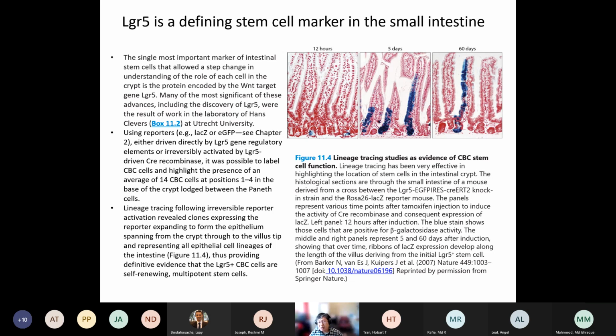Only when Cre removes that stop signal, the indicator is now activated, it's now expressed. Because the Cre-mediated recombination is irreversible, although later on LGR5 is not expressed, the descendant cells, the progeny, are permanently labeled.